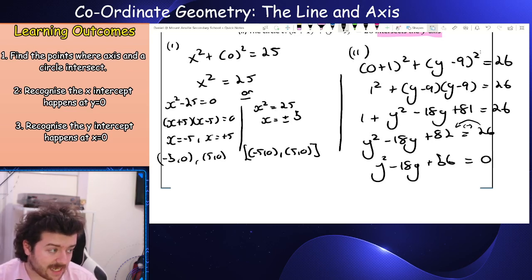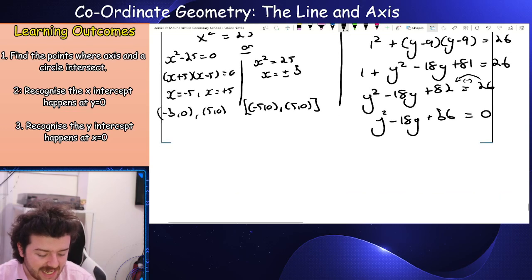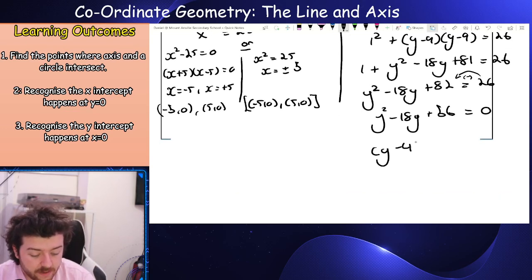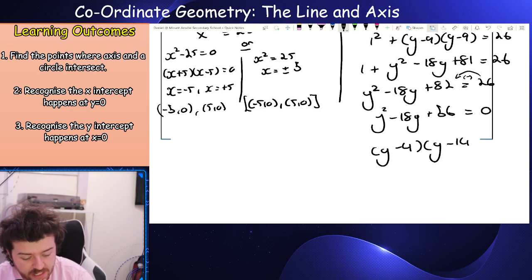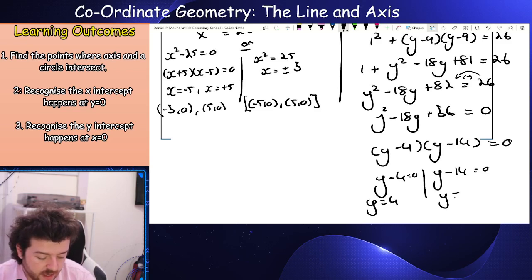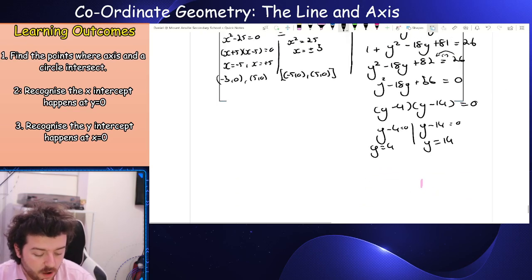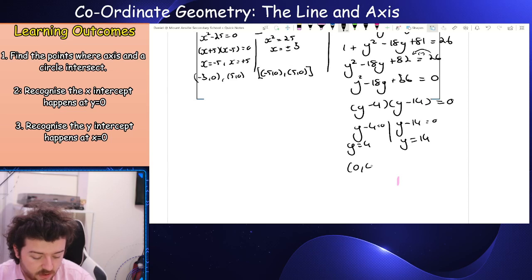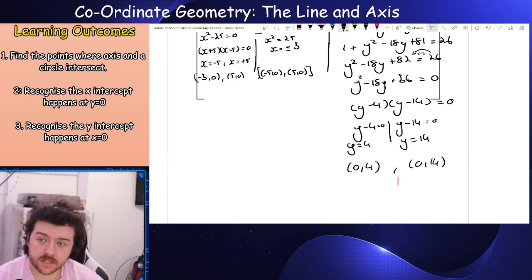I need to think, what are two numbers I can multiply together to get 56 but add to get minus 18? That is going to be minus 4 and minus 14. So let them both equal 0, and I have y is equal to 4 and y is equal to 14. So it crosses the y-axis at 0, 4 and 0, 14, because remember, x equals 0.